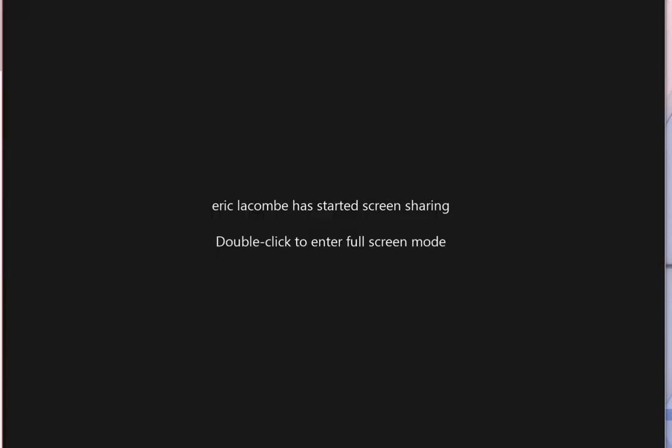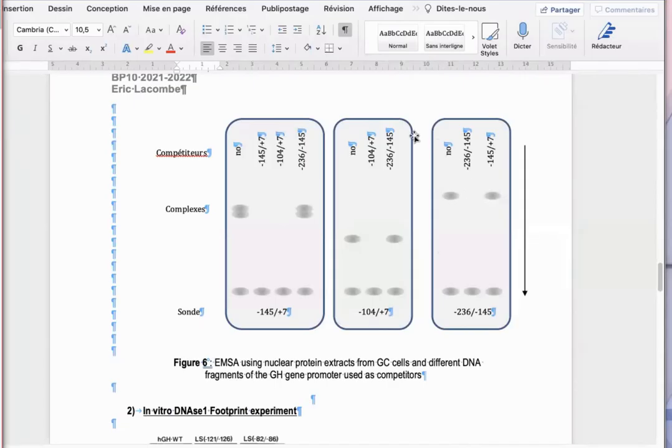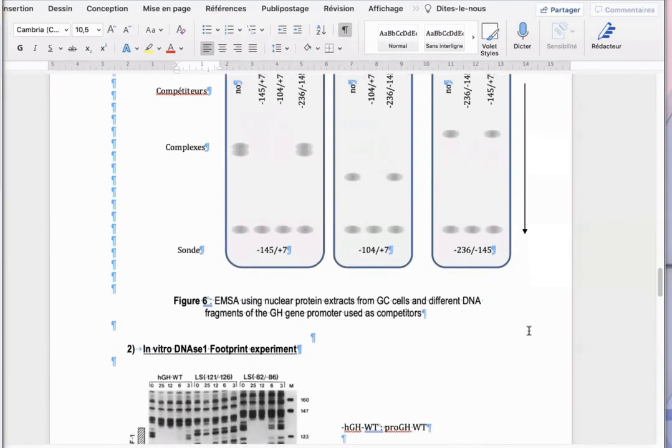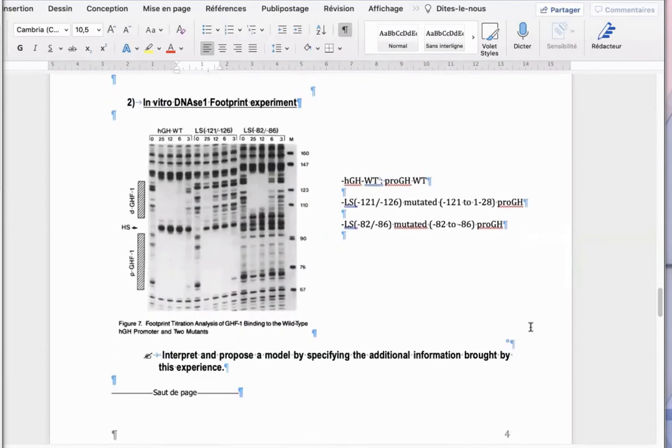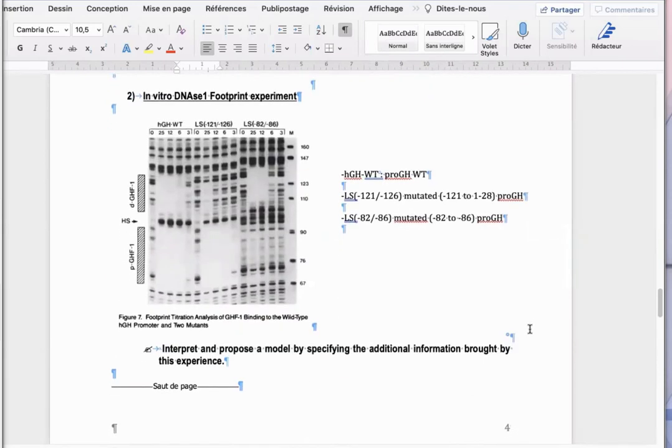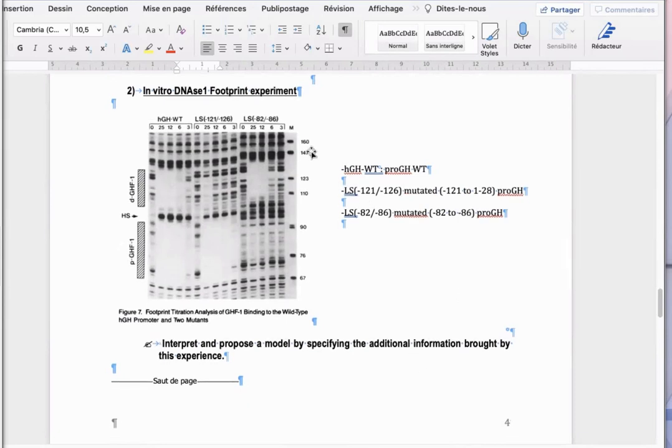We're going to use this method to understand. So we draw conclusion, very strong conclusion using EMSA, and we are going to try to confirm this hypothesis using the footprint approach. So here what we have is the real type of picture of, it's not a schematic, it's a real picture of DNA footprint.